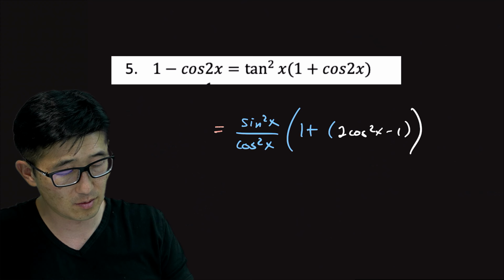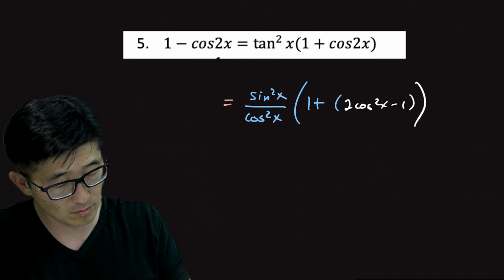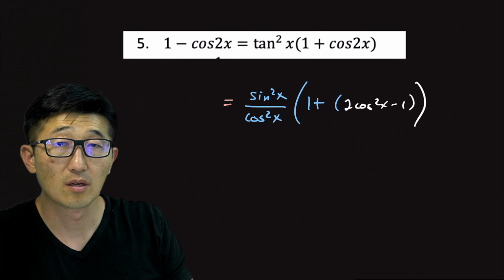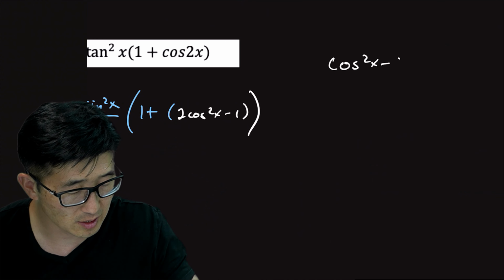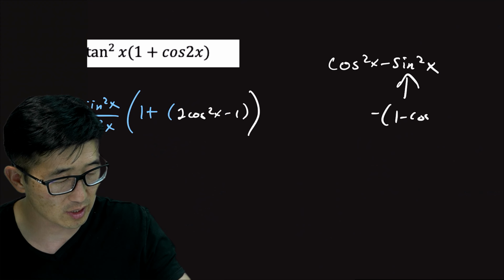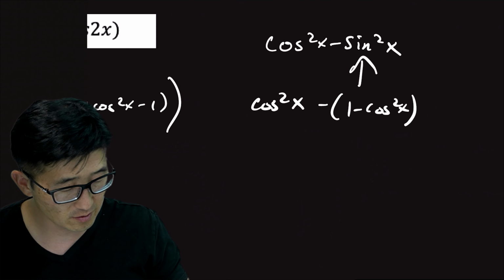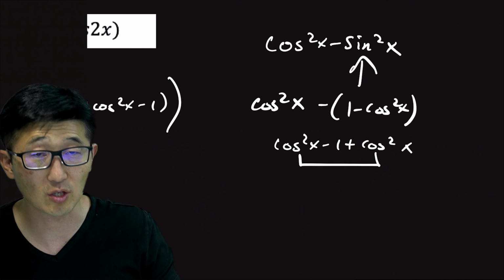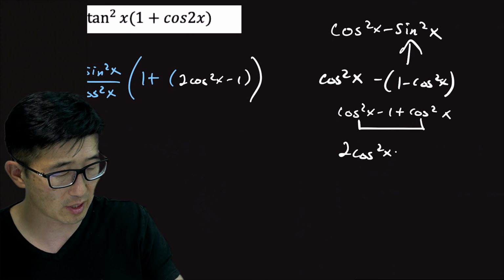Then cosine squared x minus sine squared x, right? And then you can replace the sine squared x with 1 minus cosine squared x. Distribute the negative, so you get cosine squared x minus 1 plus cosine squared x. And cosine squared x and cosine squared x add up to 2 cosine squared x minus 1.